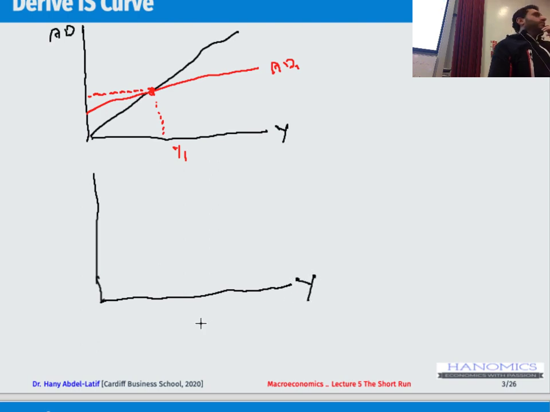So remember what we said. The IS is kind of a diagram on the I, Y space. So I here is the interest rate, on the vertical axis, Y on the horizontal axis. So what we want to do here now is, let's say this is the Y1 level, which you can just carry from here.